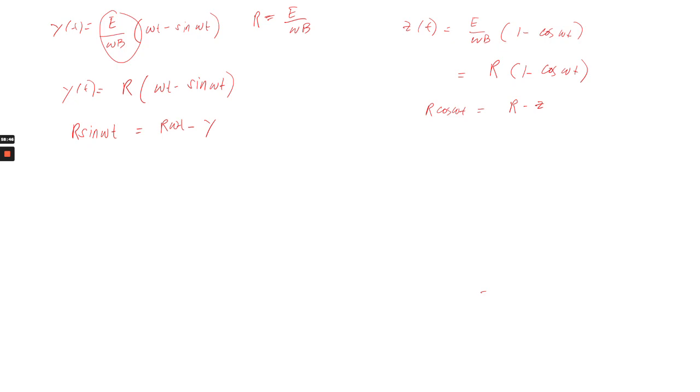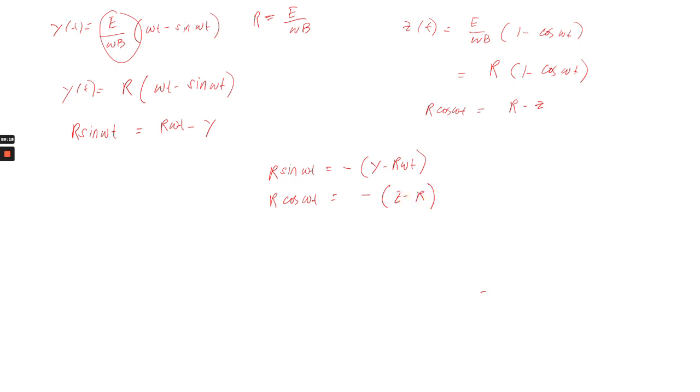So if I square this one, r sine omega t is equal to y minus r omega t. The same, right? And r cosine omega t would be negative z minus r.